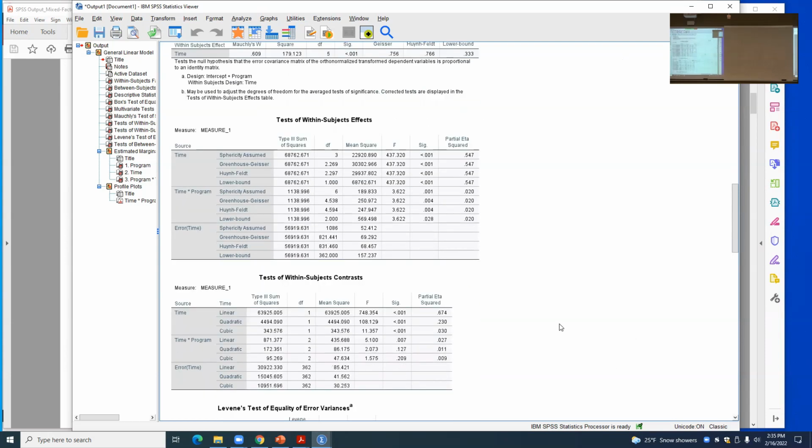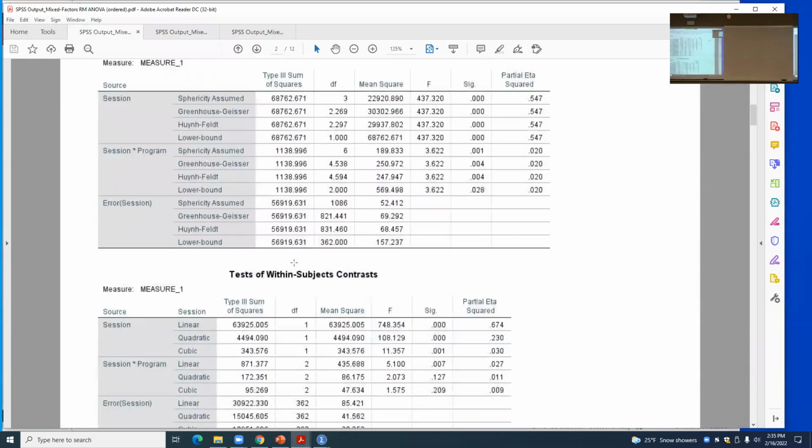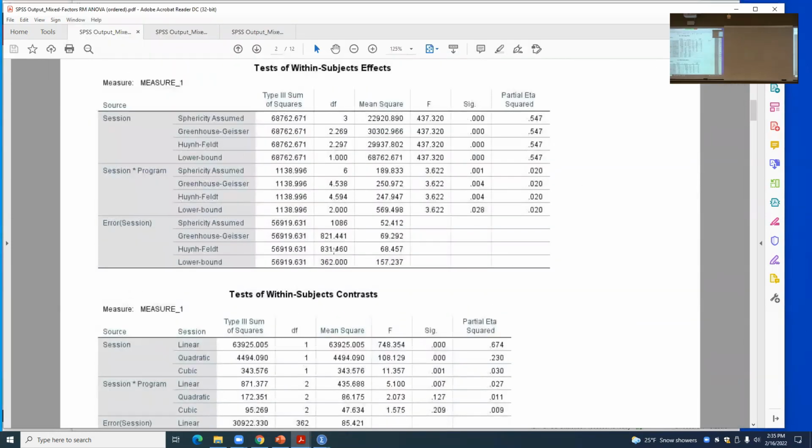Okay, and so now I get into my within subjects effects. So I'll turn this back over here. And Riley, what are we seeing for my within subject? What is this session here? That's still kind of hard to see.